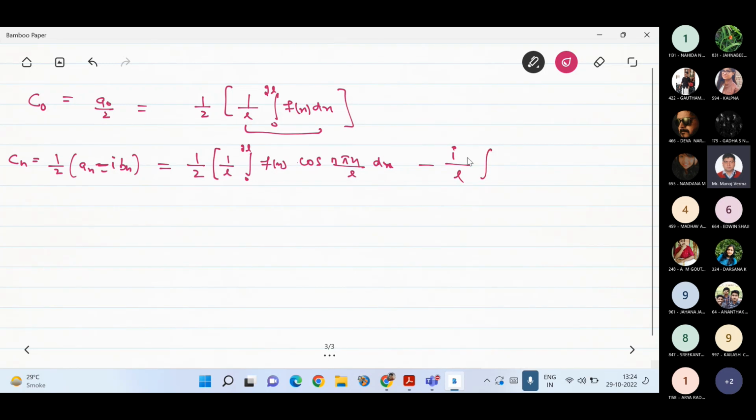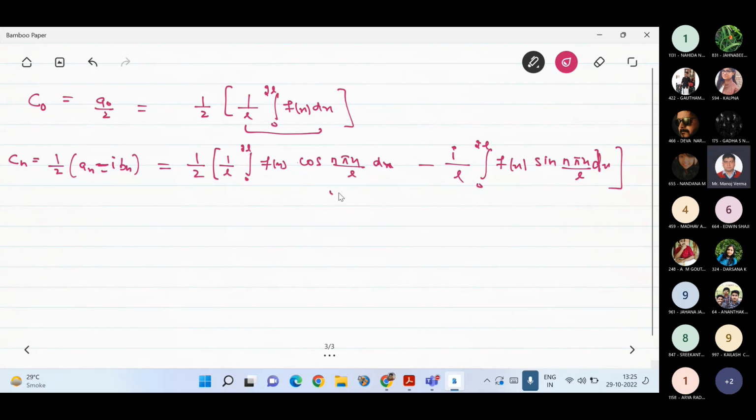And the value of Bn was 1 by L, integration in the whole period, f(x) sine n pi x by L dx. So I just have to calculate An and Bn, and then with the help of An and Bn, I have to calculate the value of Cn.